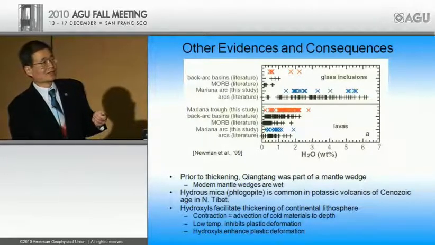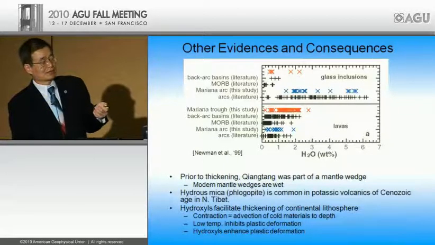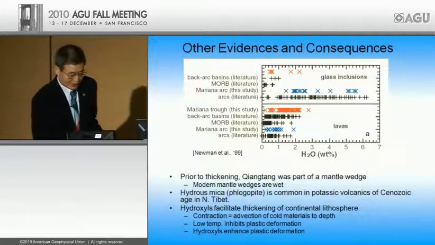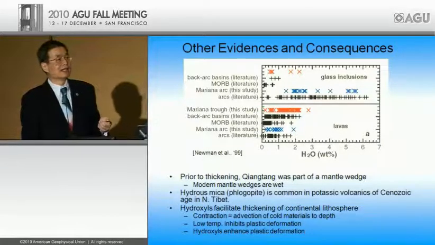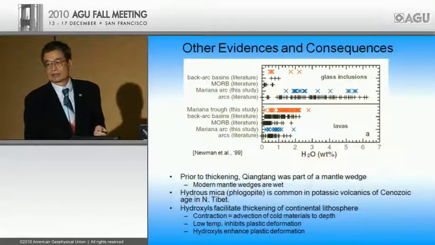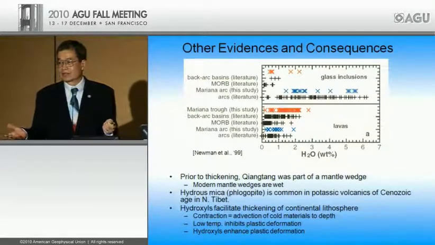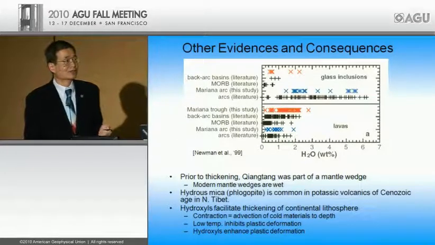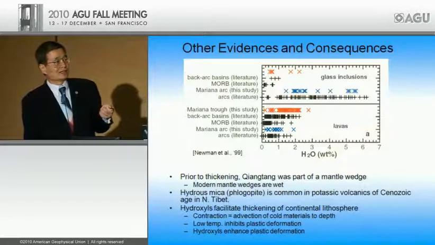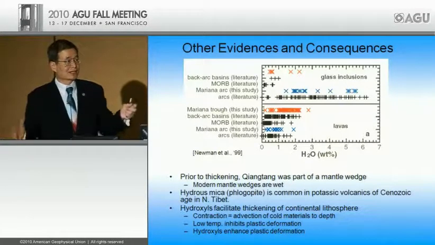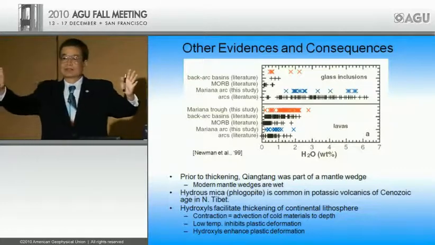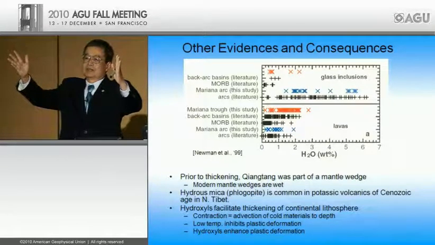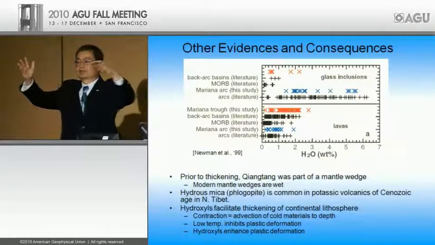More directly, there are many samples from these volcanic rocks in Tibet, and those samples contain phlogopite, which is a hydrous mineral. So again, those rocks have a lot of water, and they came from a source region that still has a lot of water. Okay? Now, this is quite interesting, because during contractional tectonics, when you thicken something, we're basically advecting cold material to depth.